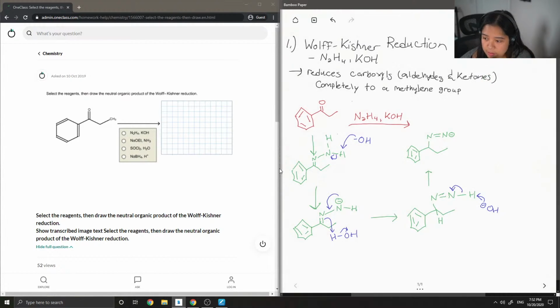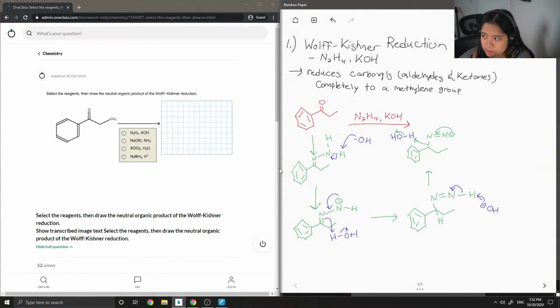Then lastly, this negative charge goes in like that, breaking this carbon-nitrogen bond and taking one of the hydrogens with it.